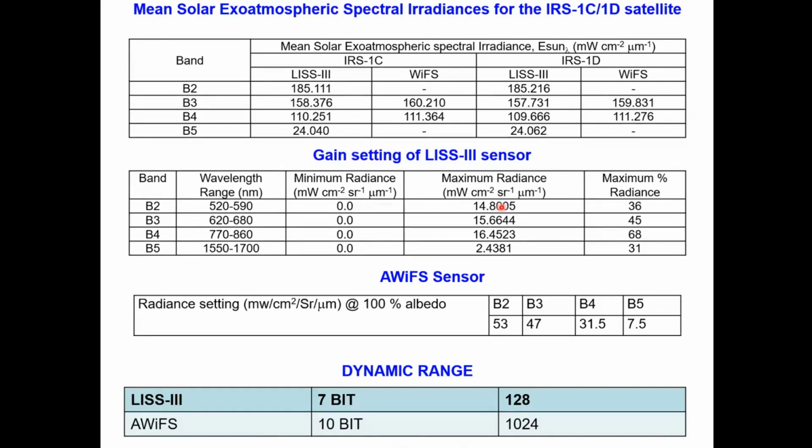If you look into the dynamic range, LISS-3 has 7-bit data, so you can have 128 levels, and AWiFS has 10-bit data, so it has 1024 levels. Originally, in the early days in the 90s, there was a limitation of technology and they were not able to download the data at speed.